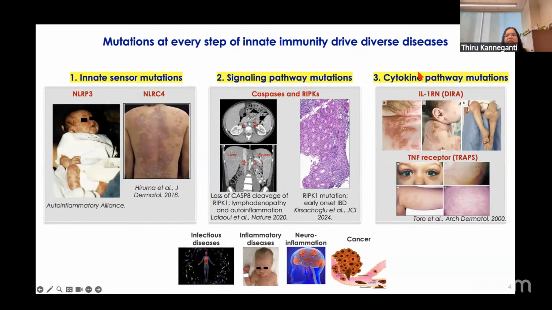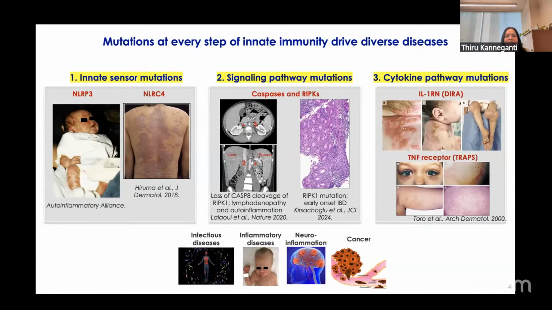And the cytokine pathways that are downstream of these innate immune sensors and signaling pathways also lead to several autoinflammatory diseases. And not only mutations, any alterations to these pathways would lead to infectious diseases, several autoinflammatory diseases, neuroinflammation, and also cancer.